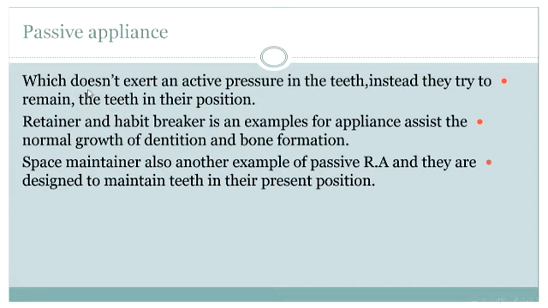Passive appliances do not exert active pressure on the teeth; instead they try to retain the teeth in their position. Retainers and habit breakers are good examples of these appliances. They assist the normal growth of the dentition and bone formation, especially in early orthodontic treatment.